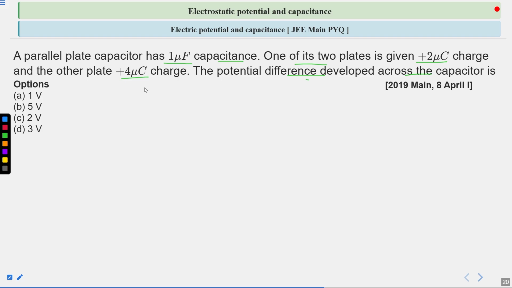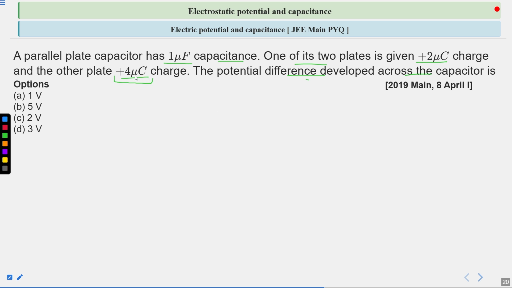We have learned that both plates have the same charge but different polarities. Now it can be the case that both plates have the same polarity of charge, or different charge, with one having greater charge and one having lower charge. The plate with greater charge will be at greater potential and the other plate at lower potential.